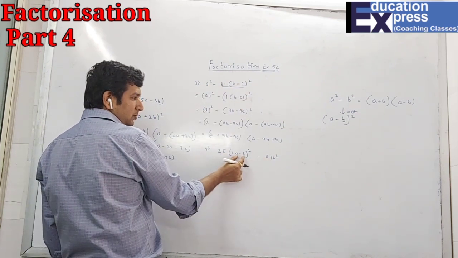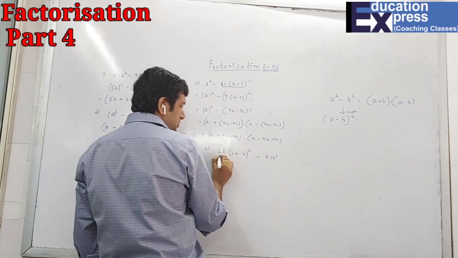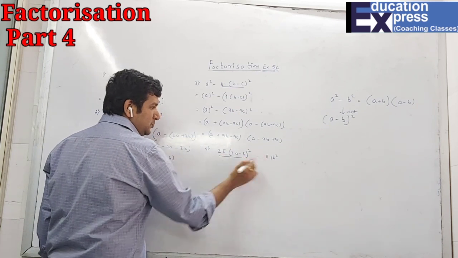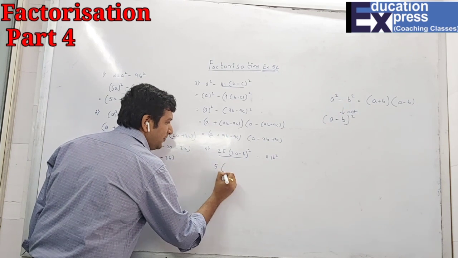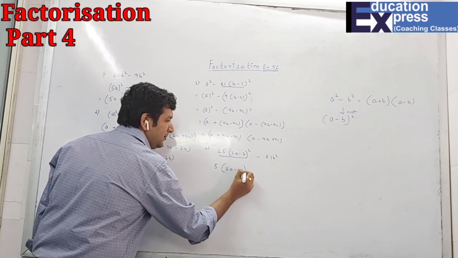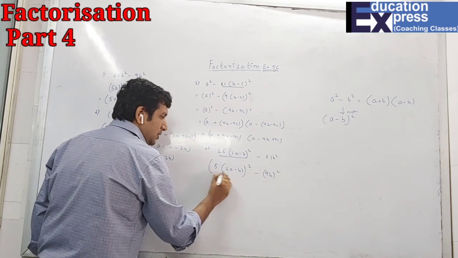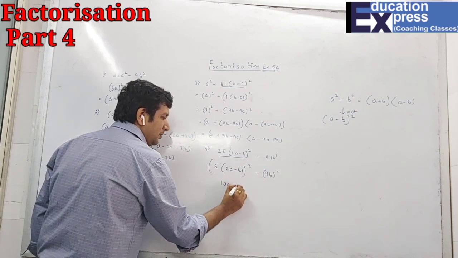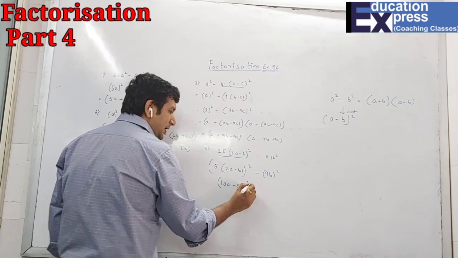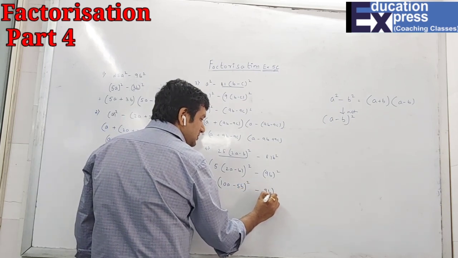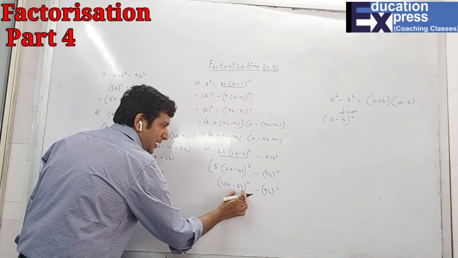So no issues. This whole thing is a, this whole thing is b. So 25 square for 5, (2a minus b) the whole square minus 9b the whole square. This is (10a minus 5b) square minus 9b square. So a and b.